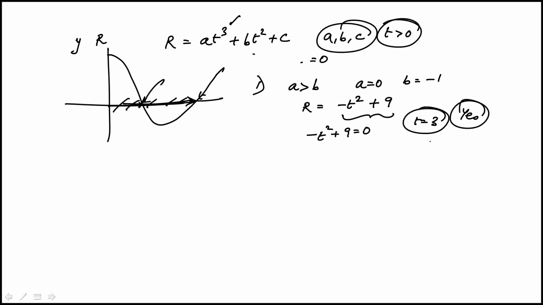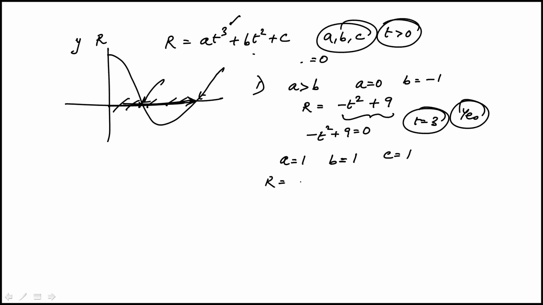But could it be no as well, meaning where there is no positive value? So in that case, let's say a is 1, b is 1, and c is also 1.